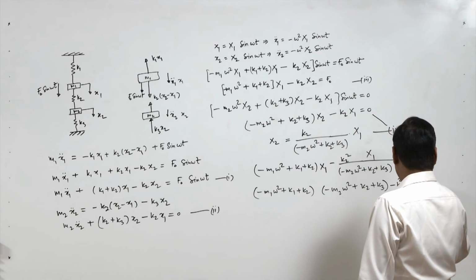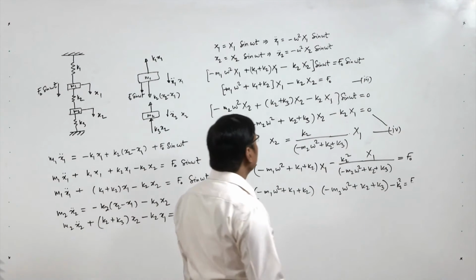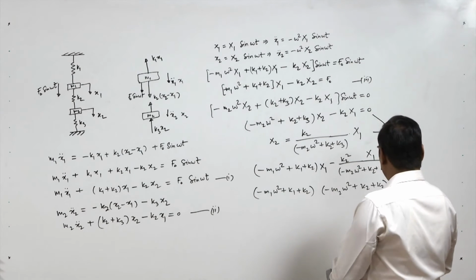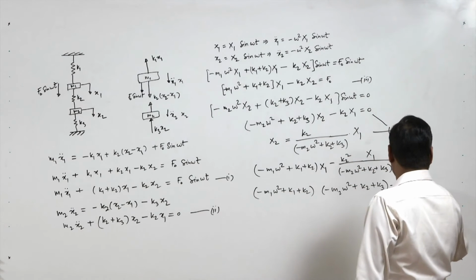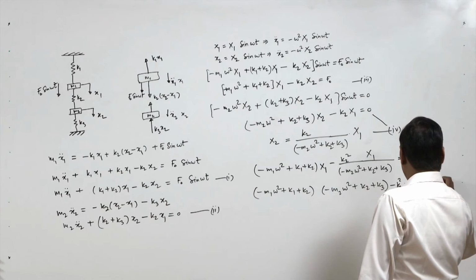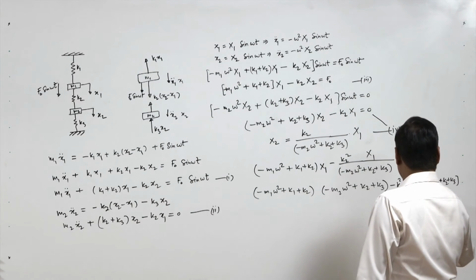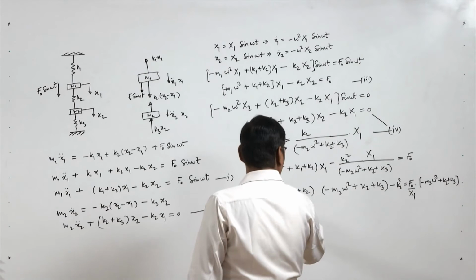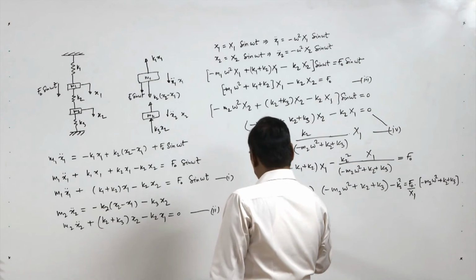f0 into minus m2 omega square plus k2 plus k3 by x1. So we can multiply here.